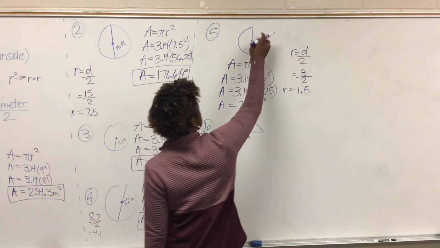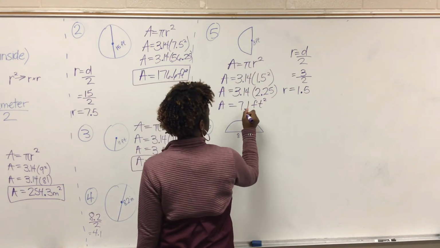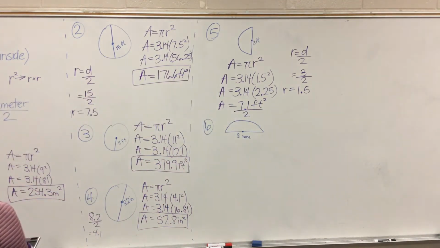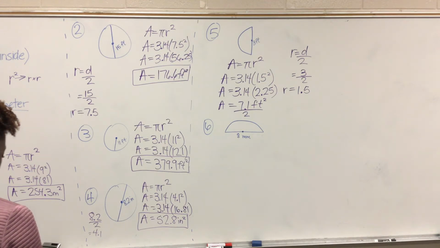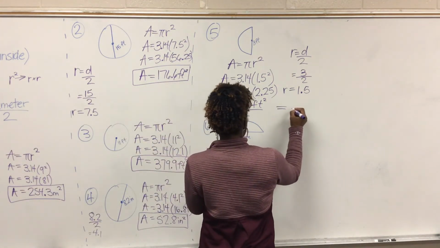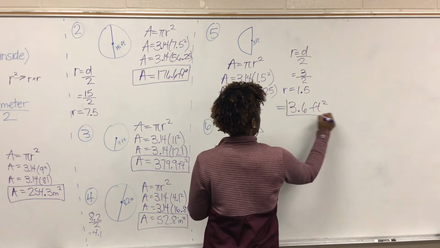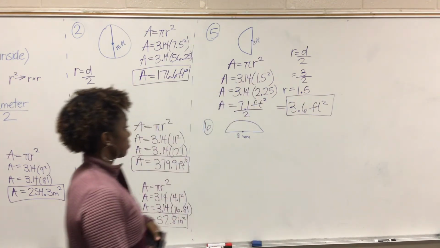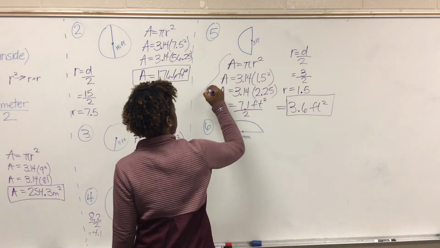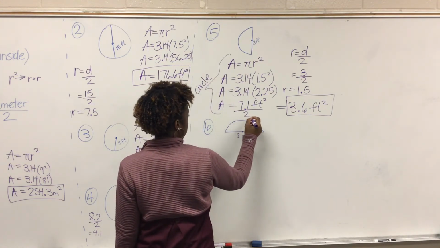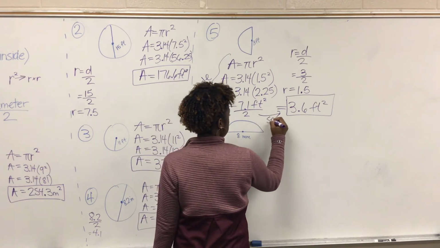However, this is a semicircle, so I need to divide my answer by 2. 7.1 divided by 2. So my area is 3.6 feet squared. So this is the circle, and when we divide it by 2, it gives us the semicircle.